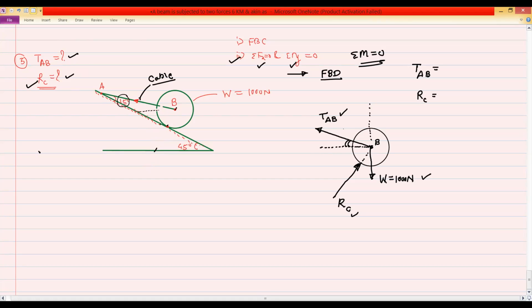Make one construction. Draw one horizontal line passing through the point B. This angle is 45 degrees, therefore this angle will also be 45 degrees. We are interested in the angle of tension AB with respect to the x-axis. To find this angle, consider this triangle AMB.